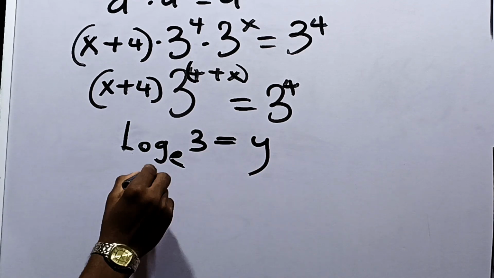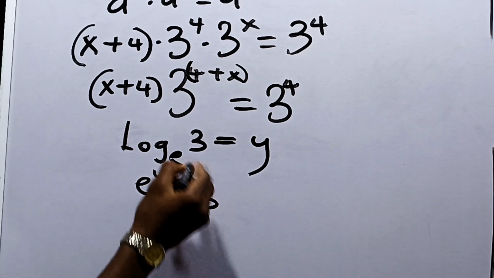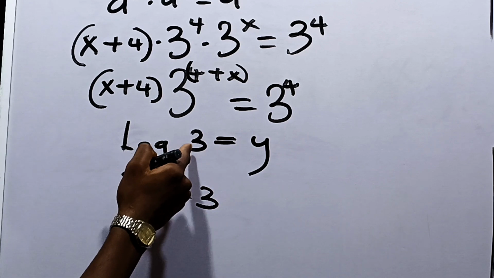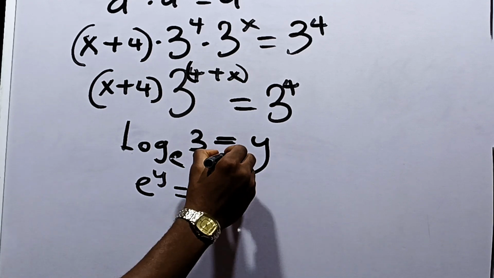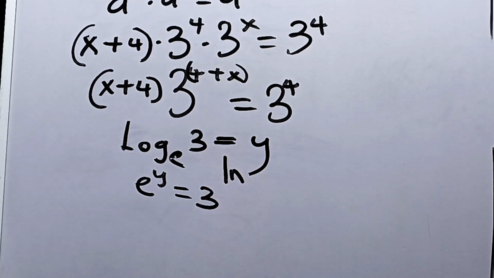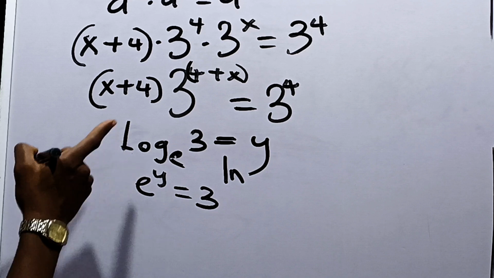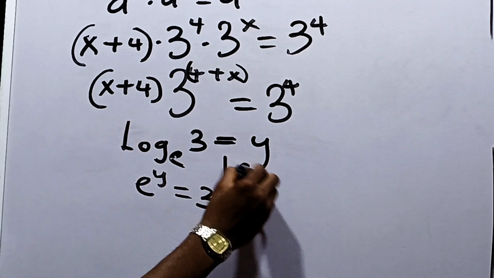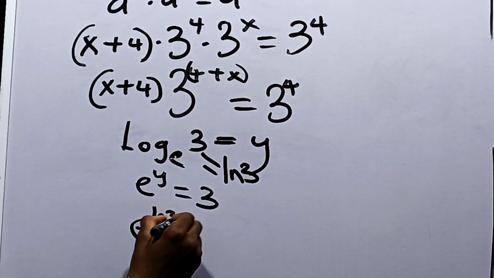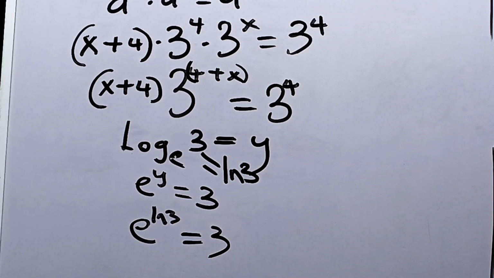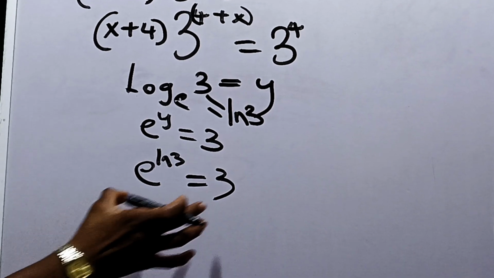So you say e^y is equal to 3. But what's our y? Our y is logarithm in base e of 3. Now logarithm in base e of 3 is something known as natural log, that's ln of 3, right? So this is the same as ln of 3. Now we replace y with ln of 3, so we have e^(ln 3) is equal to 3, alright? Simple.